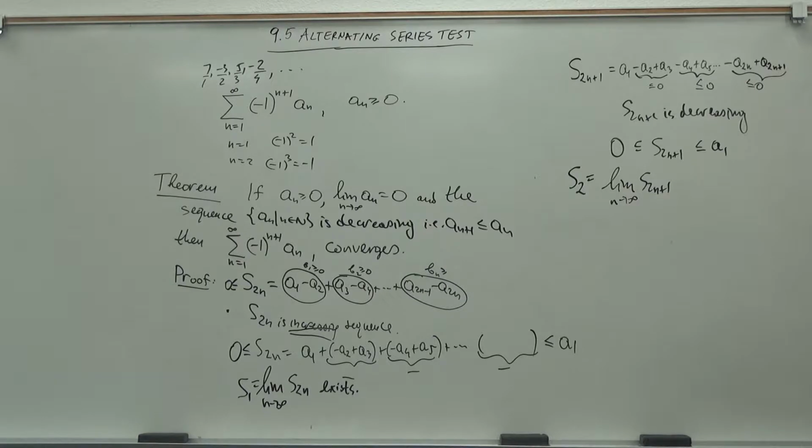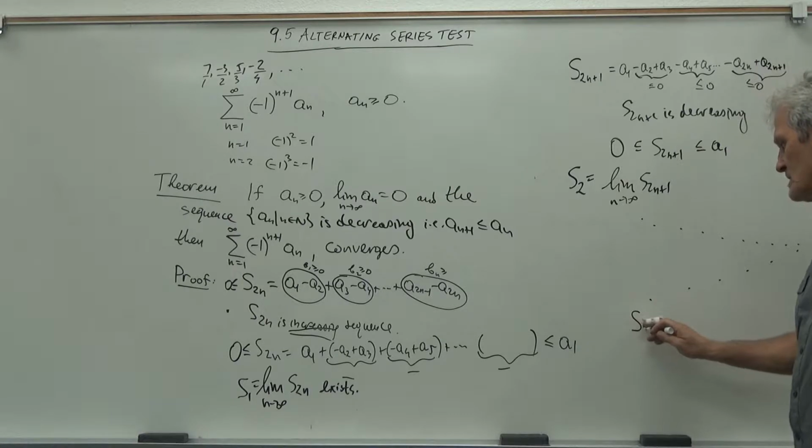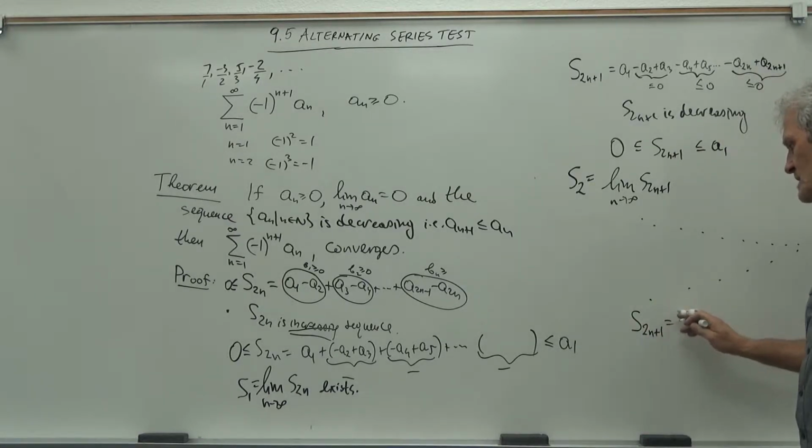So both limits exist. Generally, those even ones go bigger and bigger, like this. Those odd ones go smaller and smaller. They both have their limits, but either the same limits or they stay apart. Generally, it's very easy to conclude what's happening. We know that S2n plus 1 equals S2n plus just one member, the last one, A2n plus 1.